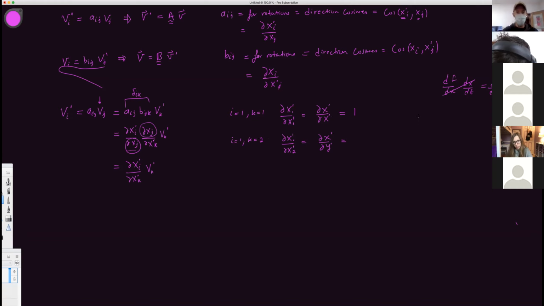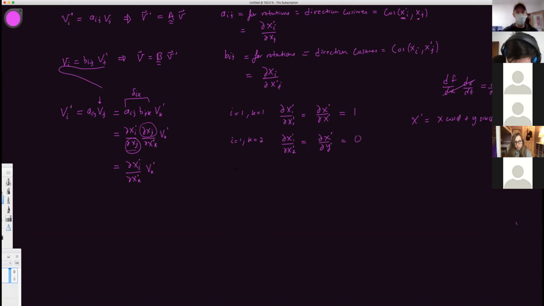Right? And remember the x primes are like x cosine phi plus y sine phi. They don't depend on the primed coordinates. They depend on the unprimed. So when you do this, you're like, well, X prime doesn't have a y prime in it, so that's going to be 0, right?